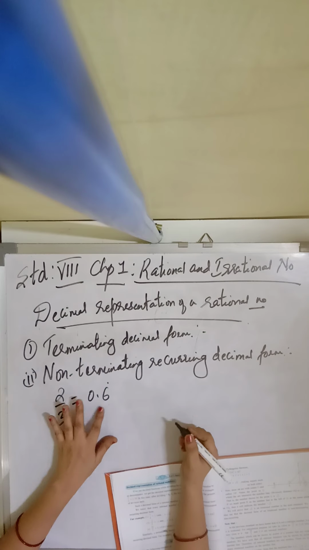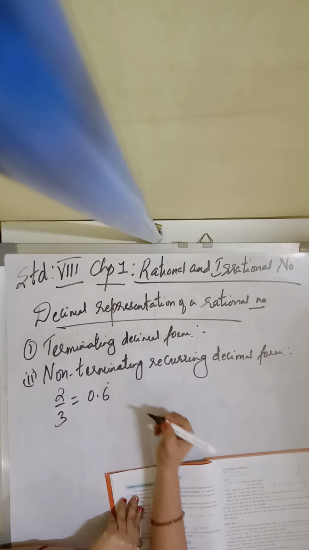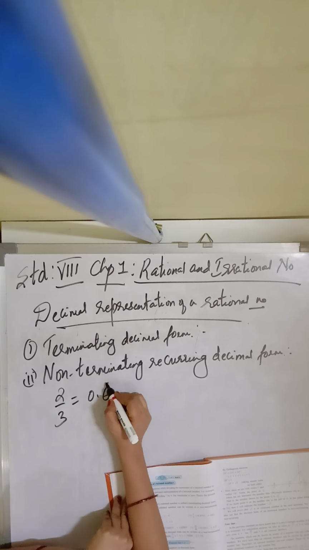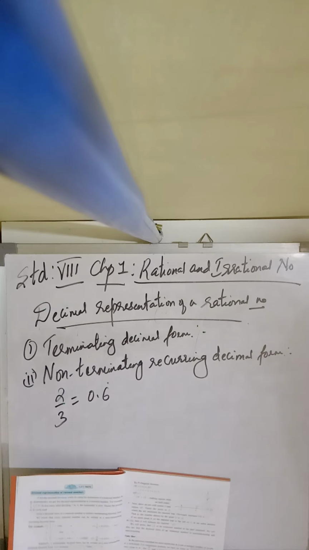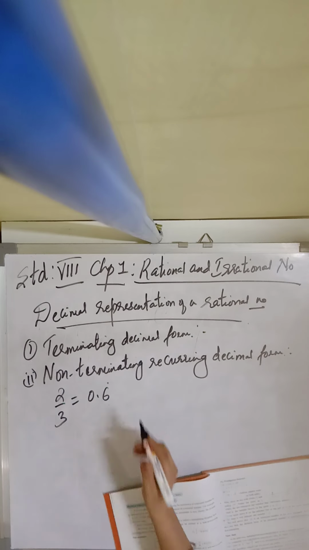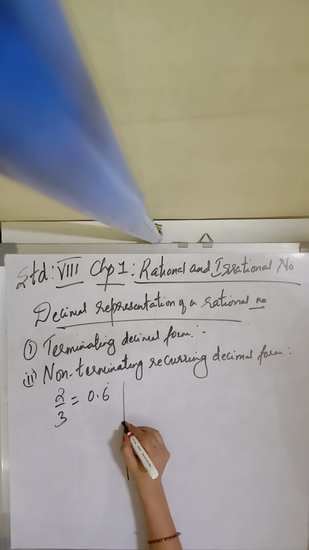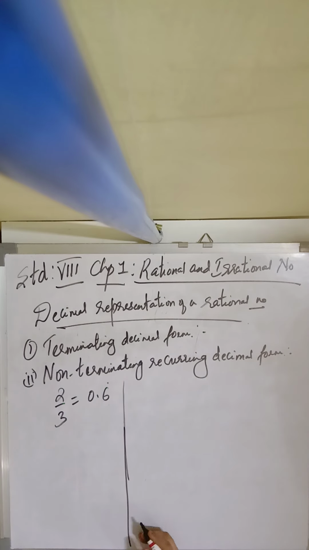When only one digit is recurring after the decimal, we use a dot to show that it is recurring, or else we can show it by a bar also, as I said. Now this was non-terminating recurring decimal form. Let me take one more example so that this is more clear.